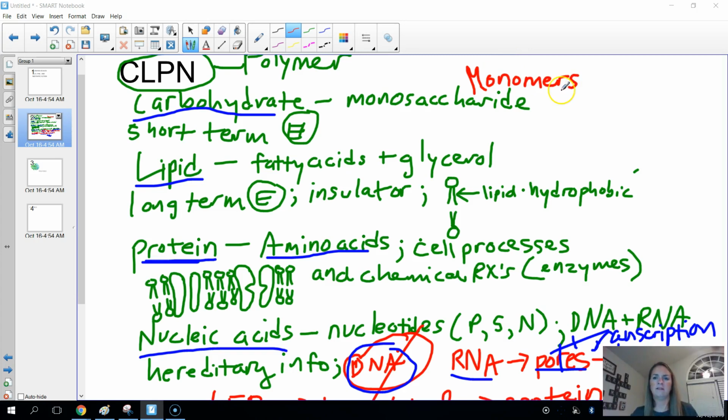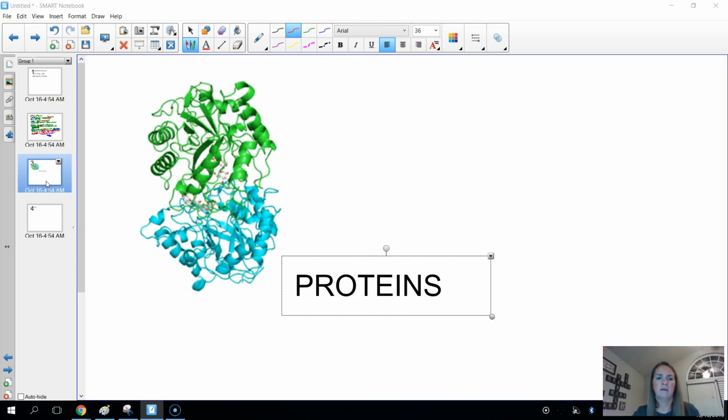Every single one of these has a different monomer. The carbohydrates have monosaccharides, the lipids have fatty acids and glycerol, proteins have amino acids, and nucleic acids have nucleotides. So these are all building blocks, or like Lego blocks, to make the large molecule that they are. So out of all of these, we're going to focus in on proteins.